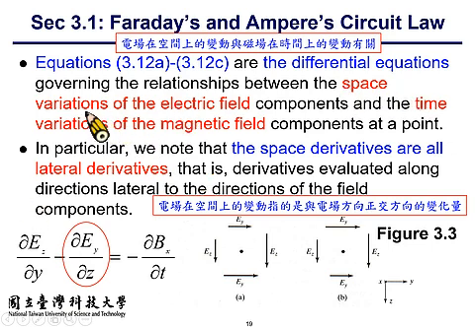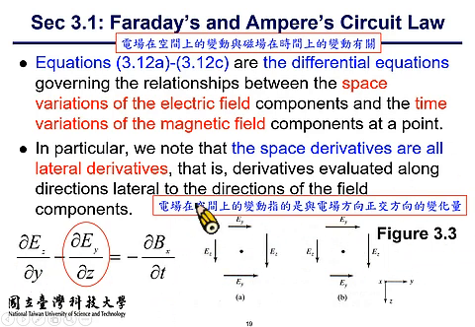So the space variation of the electrical field is related to the time domain variation of the magnetic field, and vice versa. In particular, we know that the space derivatives are all lateral derivatives, as I already mentioned. That is the difference toward the side of the field.